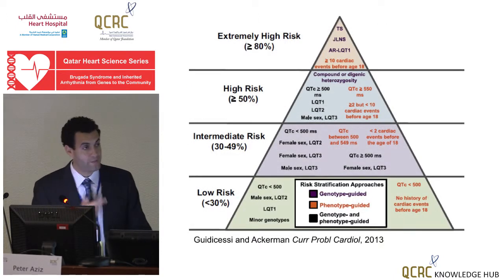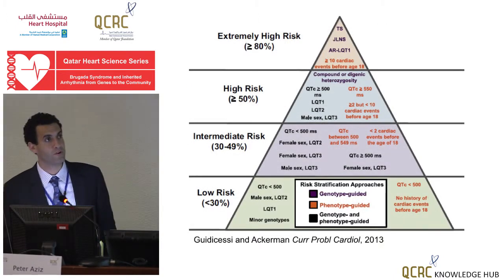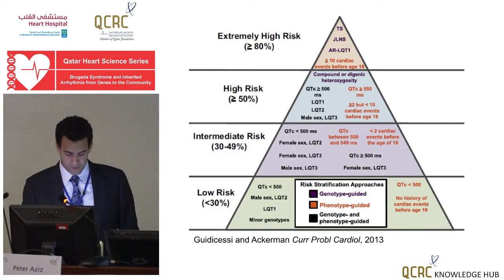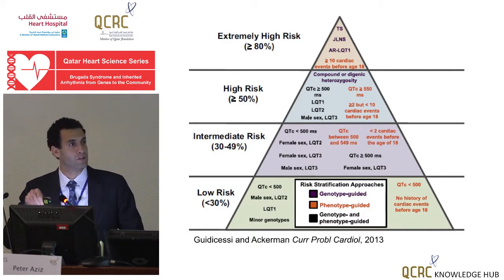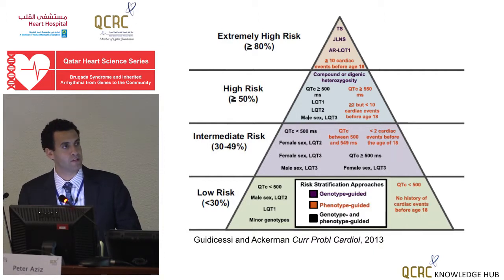We saw the pyramid that was published by Priori in the last lecture. This was embellished a little bit by Dr. Ackerman, where he really looked at risk stratification in terms of whether it was genotype guided, phenotype guided, or a combination of both.